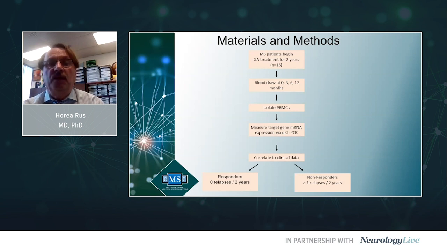Based on the clinical data, we divided patients into responders to glatiramer acetate, who had no relapses during the 2 years we followed them, and non-responders, who had more than one relapse in 2 years.